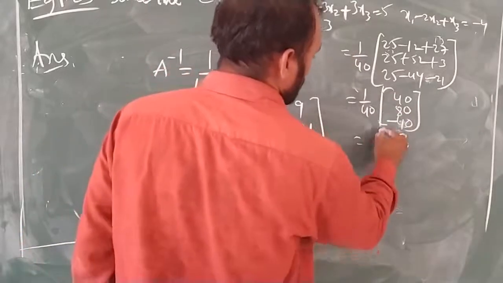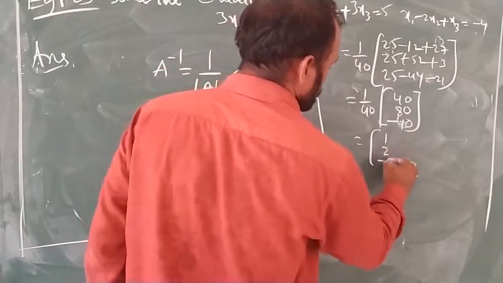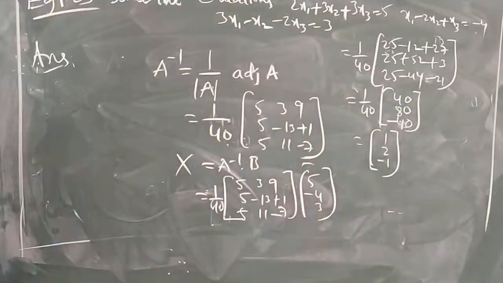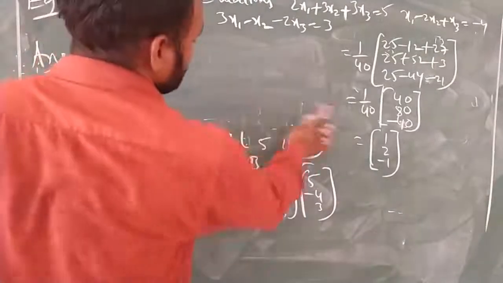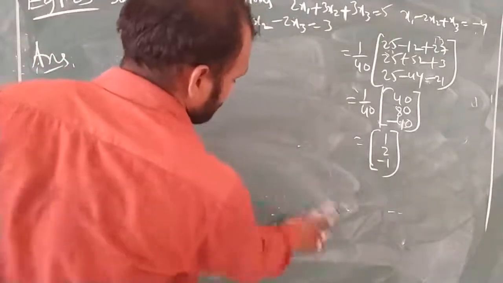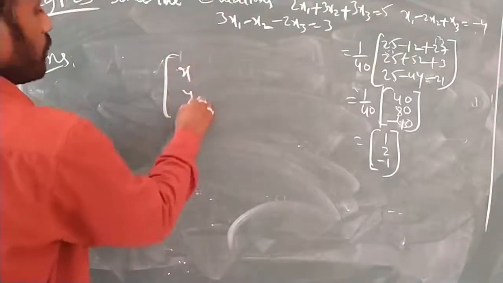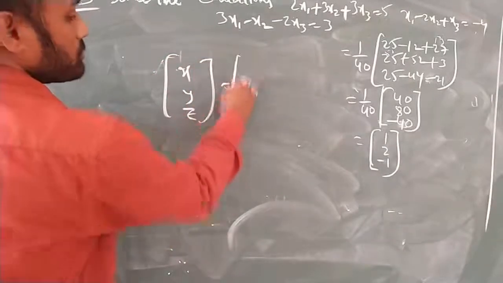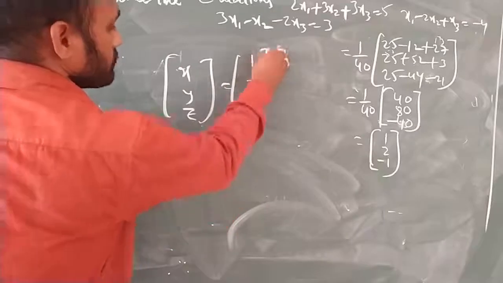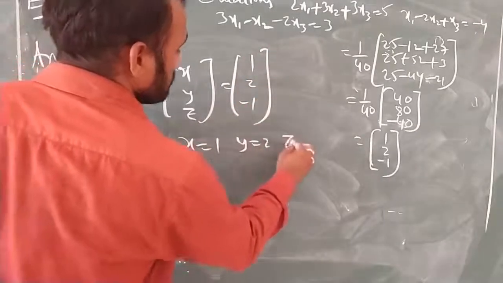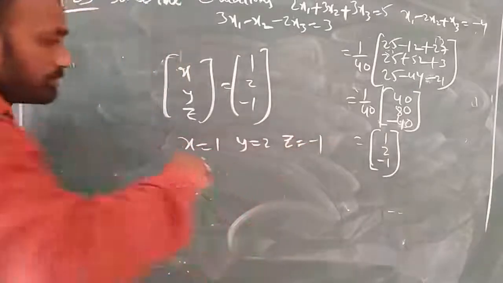If I divide by 40, the values are 1, 2, -1. So this is the simplified result to get the x, y, z values. Finally we write x, y, z equals 1, 2, -1. So x is equal to 1, y is equal to 2, z is equal to -1. So these are the three values.